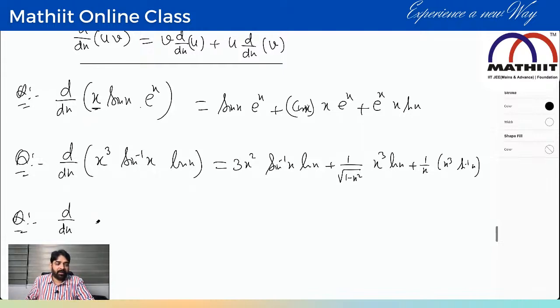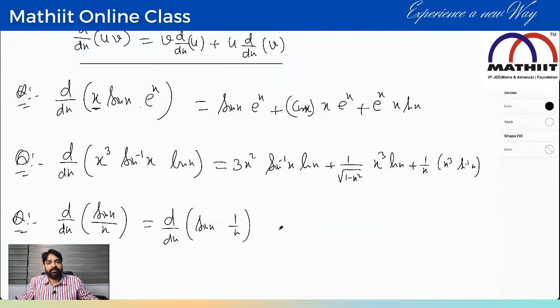d by dx of sine x by x. What is the meaning? It means d by dx of sine x into 1 by x. That's all. So differentiation of first function cos x into 1 by x plus first function into differentiation of this one, that is the minus 1 by x square formula.